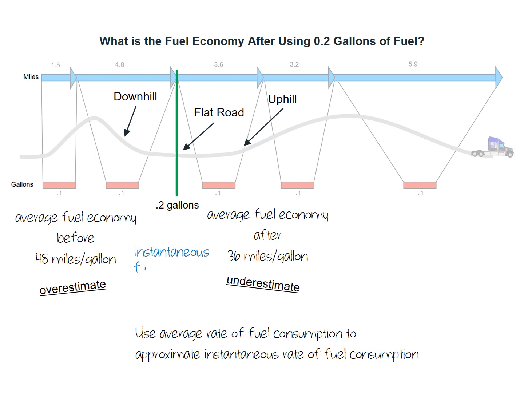And this tells us that the truck's rate of fuel consumption right at the 0.2 of a gallon mark is some value between 36 miles per gallon and 48 miles per gallon. If we subtract these two approximations, we can measure the precision of our approximation. Here, we know that we have approximated the instantaneous fuel economy to within 12 miles per gallon of its actual value.